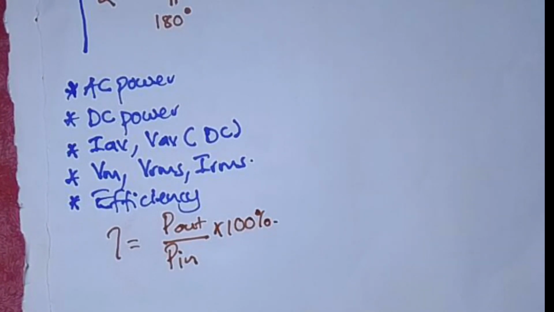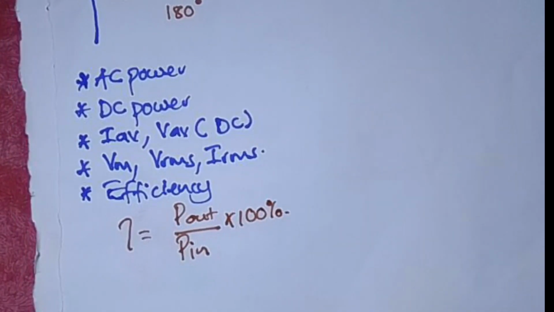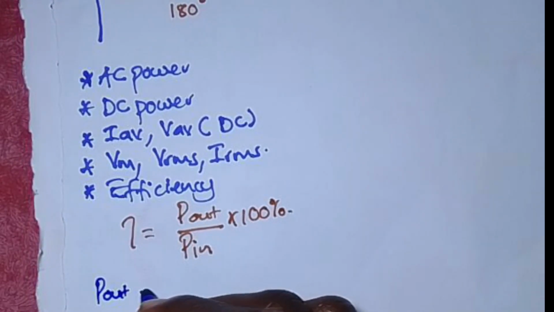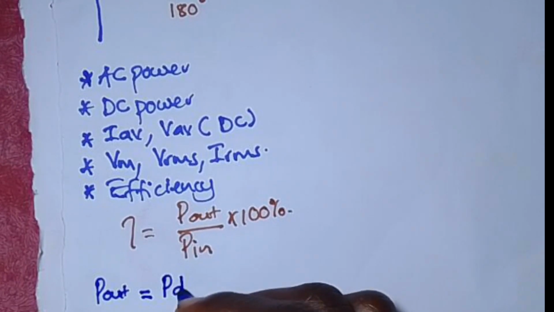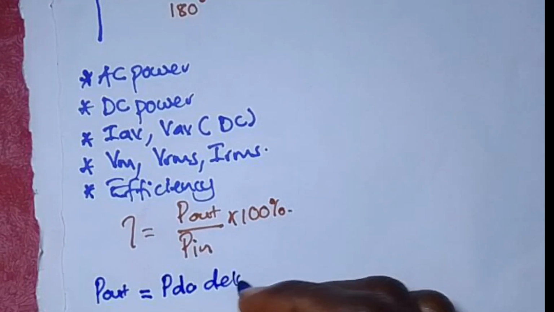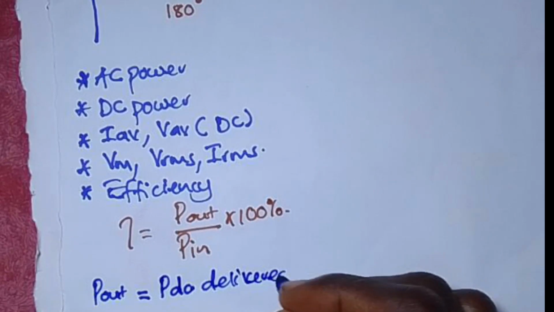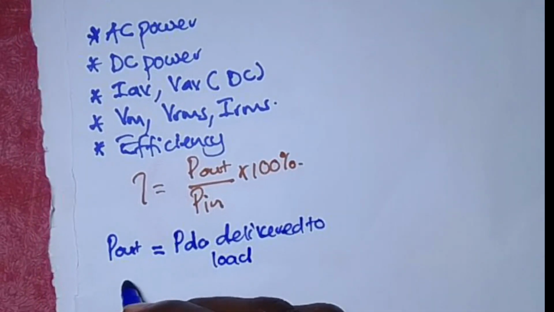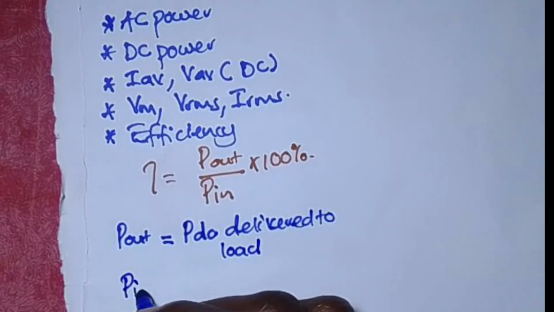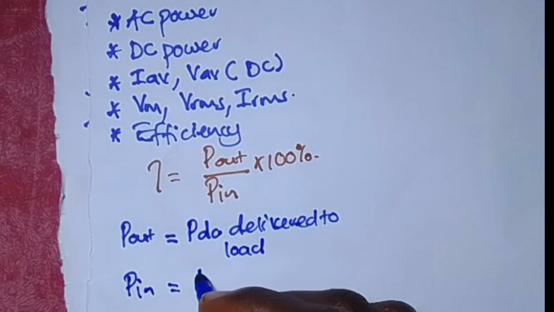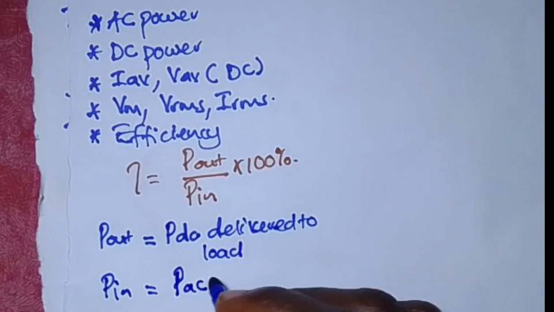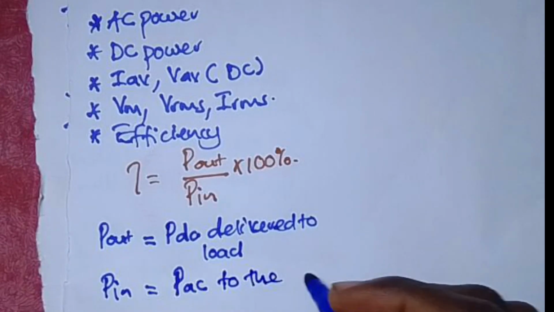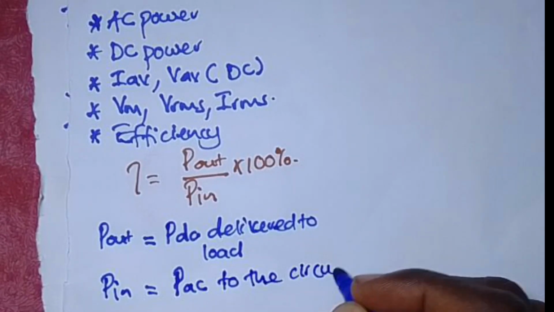But for any rectifier, the output power P out is equal to the DC power delivered to the load, and the input power, which I call P in, is equal to the input AC power to the entire circuit.